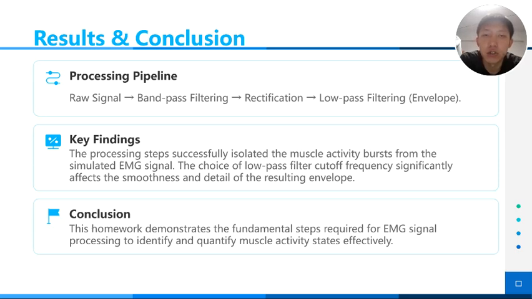Results clearly show that we can successfully identify periods of muscle activity from the simulated signal. The choice of the low-pass filter's cutoff frequency is a key factor that balances a smooth, easily interpretable envelope against one that retains more detailed dynamic information.